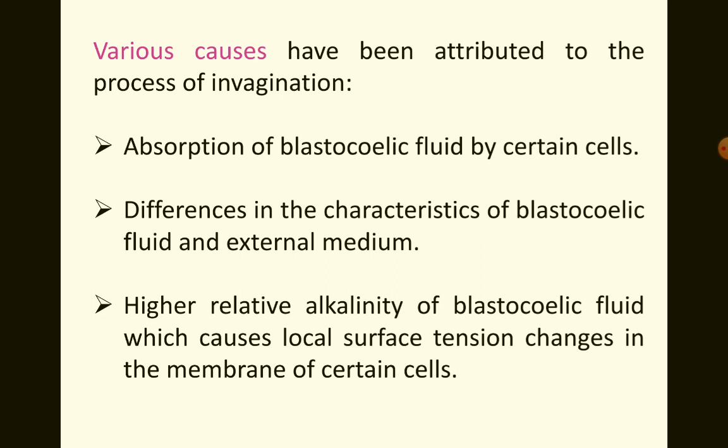Firstly, it could be due to the absorption of blastocoelic fluid by certain cells, or due to differences in the characteristics of this blastocoelic fluid and the external medium, or due to the higher relative alkalinity of blastocoelic fluid, which causes local surface tension changes in the membrane of certain cells, thereby exhibiting this process of inward movement, which we call invagination.